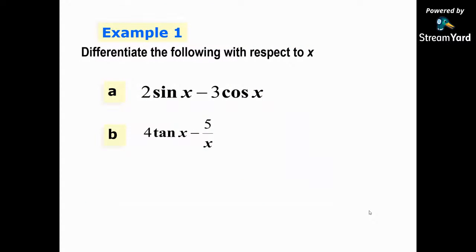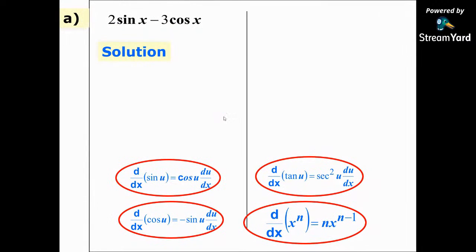The next one. Okay, differentiate the following with respect to x. The first one, we got 2 sine x minus 3 cos x. The second one, we got 4 tangent x minus 5 over x. Okay, so let us differentiate the first one: 2 sine x minus 3 cos x.